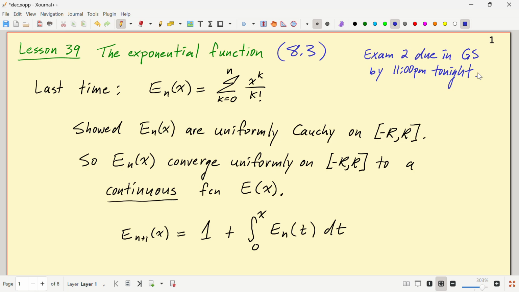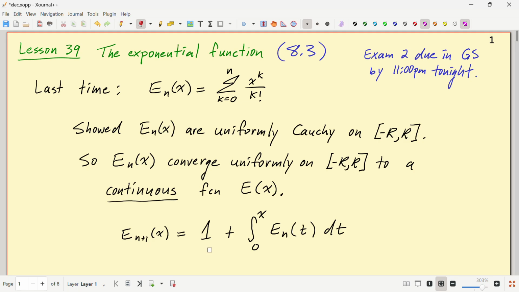And so that would turn the k factorial to a k plus 1 factorial and the power to a k plus 1. And when you write out that integral, you realize that basically you're getting the next function, except for the constant term. The constant term doesn't come out, and you have to add the constant term. And that's why there's a 1 here. So that's a simple identity.